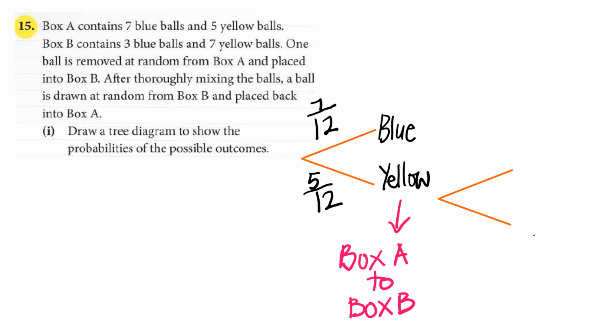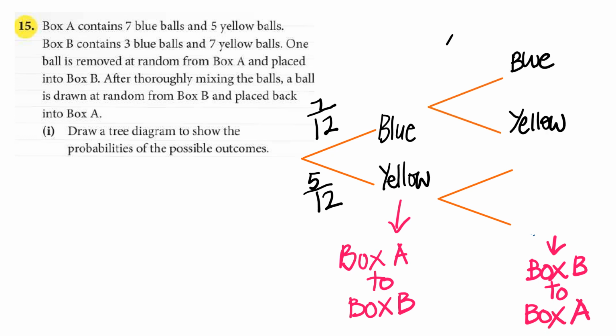Supposing you put one blue ball from box A into box B, which originally had 3, if you put one more, you become 4. The yellow balls remain at 7.